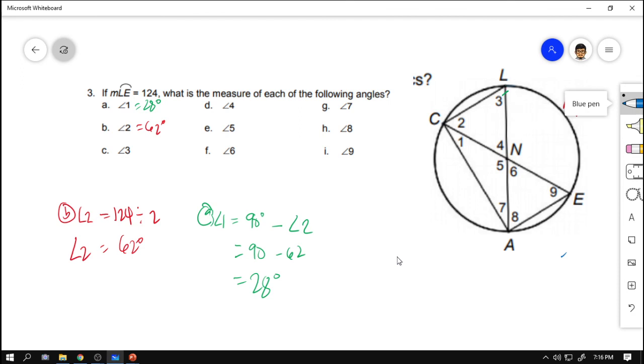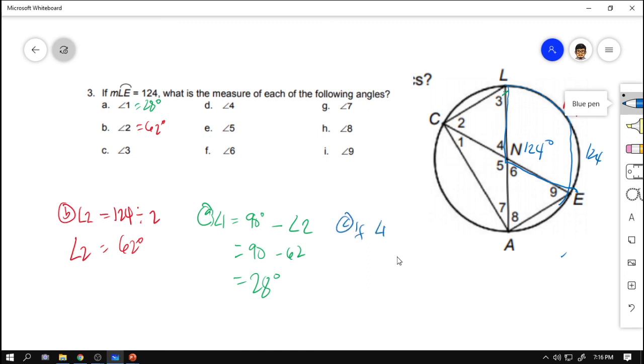Ito. Si arc LE ay 124, tama? At meron siya central angle na angle N. Okay? Kung central angle niya si angle N, ibig sabihin, pareho sila ng sukat. So, this is 124 degrees, si angle N. Tama?